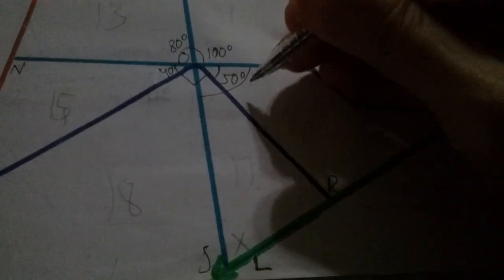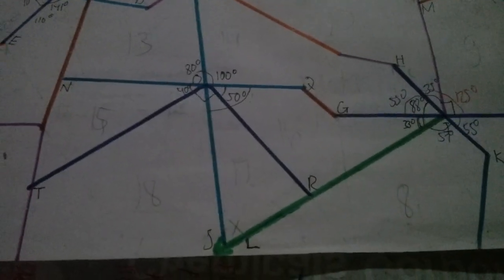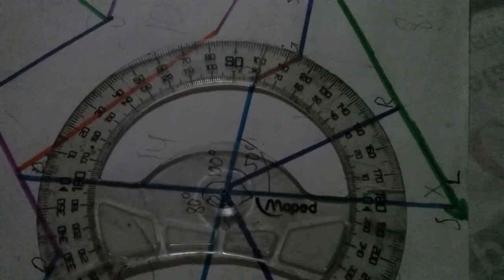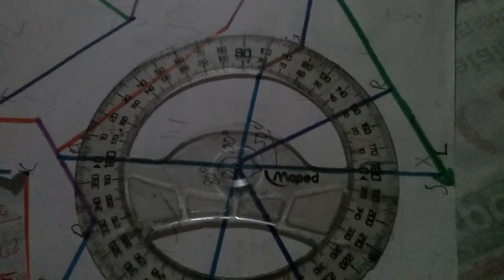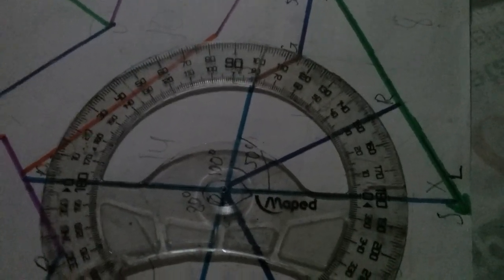So the entire thing is 80 degrees. You always apply vertical angles. Therefore, the measure of angle QOS, which is this one, is 80 degrees. When we double check with the use of a protractor, it's 80 degrees. So that's the measure of angle QOS.